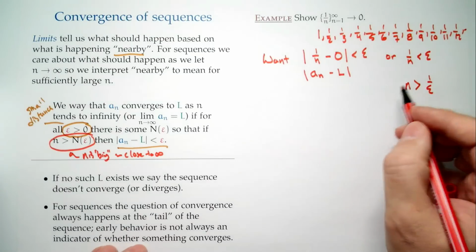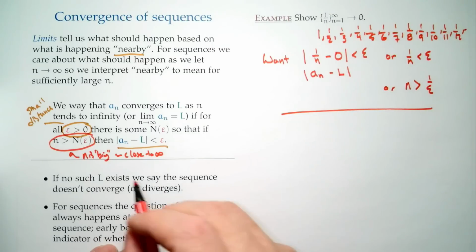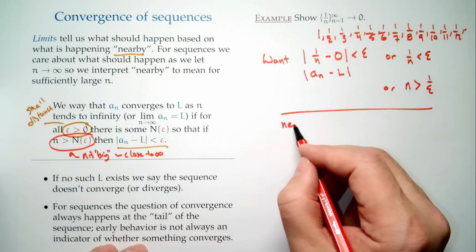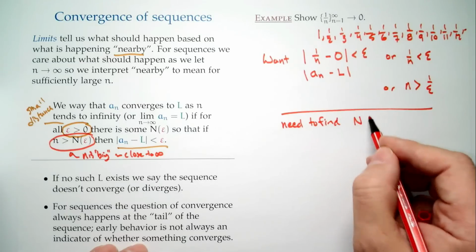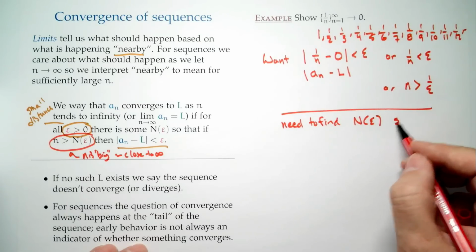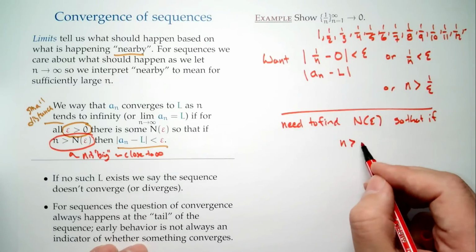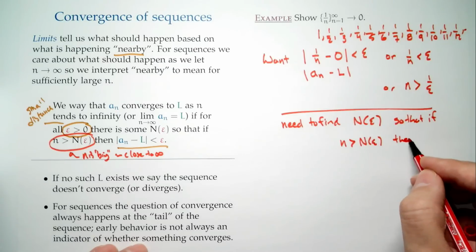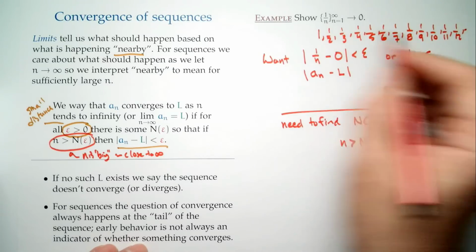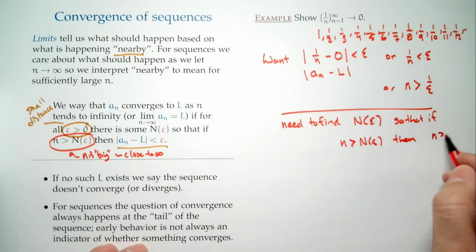Now, this is what we want. But what do we need? Well, we need to find some n of epsilon so that if n is bigger than that value, then this holds, which is equivalent to saying n is bigger than 1 over epsilon.